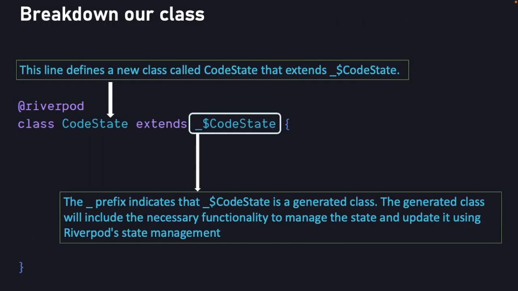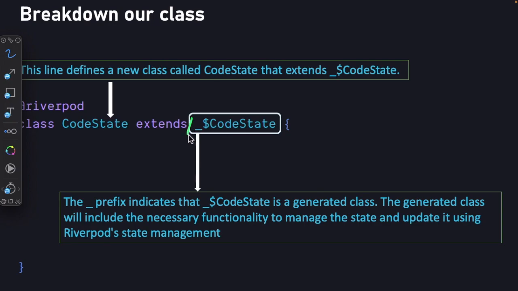So let's move on. Next, we want to look at our class, how it is constructed. The line of code that we have here defines a new class with the name CodeState. That's the name of the class, and it extends $CodeState.